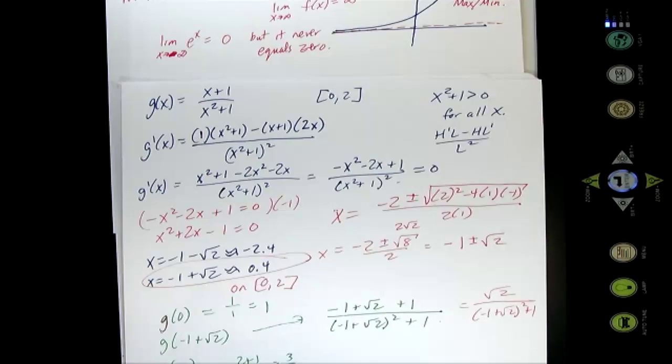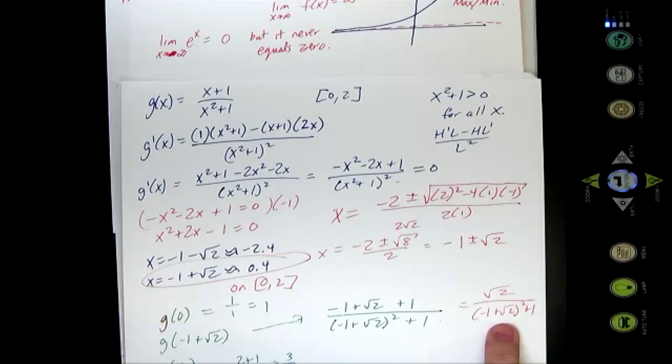I still have this in the calculator, so I'm gonna do this one. We will answer squared plus 1. And then I will say square root of 2 divided by the answer.